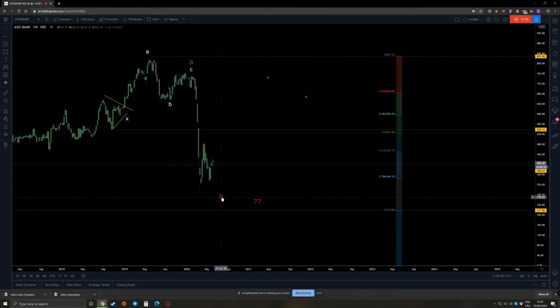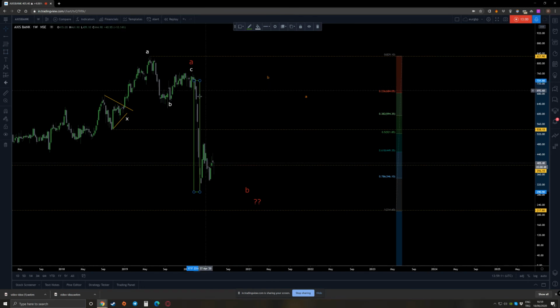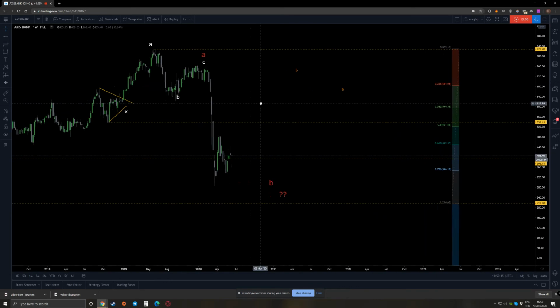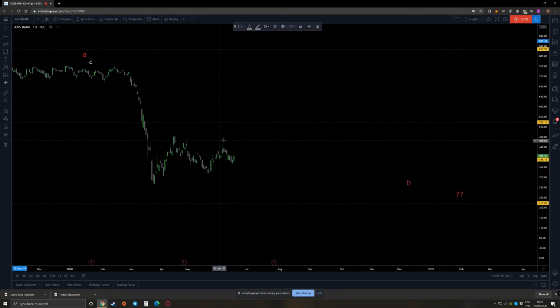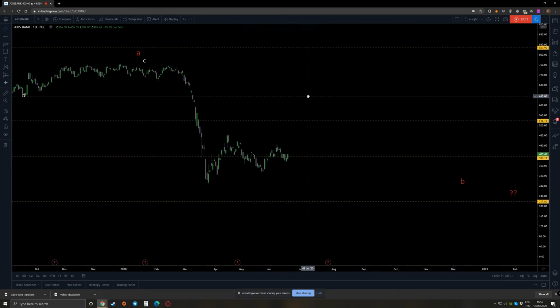So now, whatever it is, if this move has done something like this, let's say this is a wave A. On one lower degree, from the weekly chart, it doesn't look so understandable, so I would look at it like this.